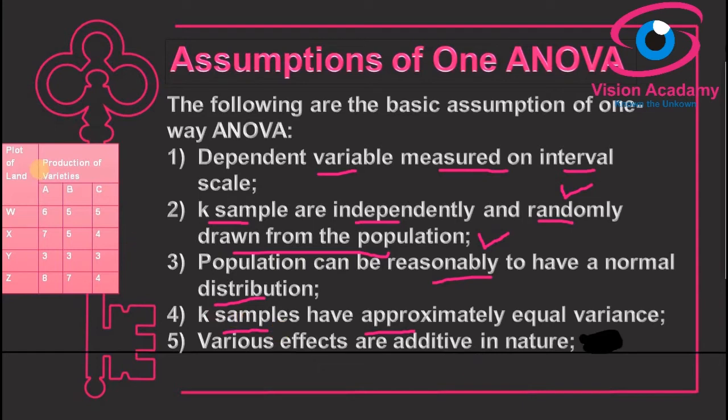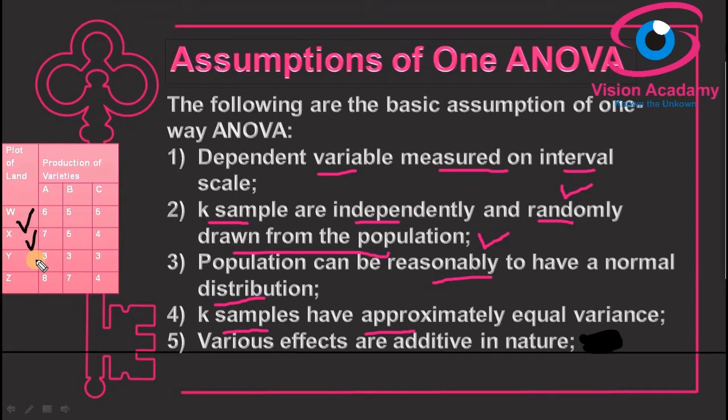Here consider an example. In the rows we have plots of data w, x, y, z, and in the columns we have a, b, c. Here we are going to consider a k level sample. What does k level sample mean? It means we are going to consider w, x, y and z.